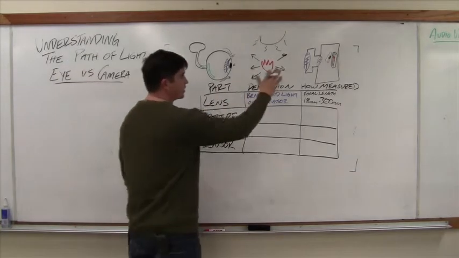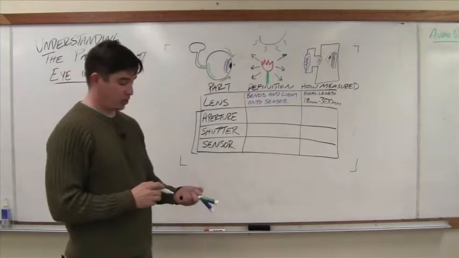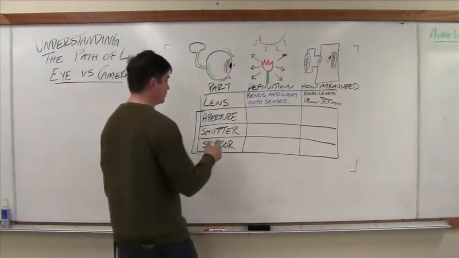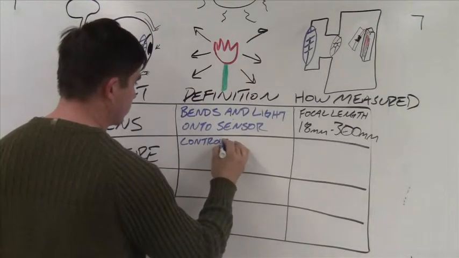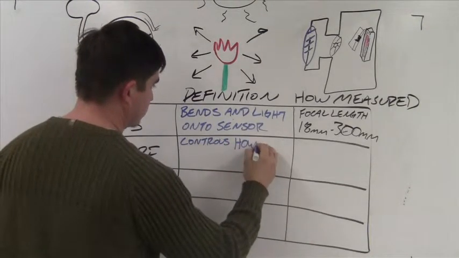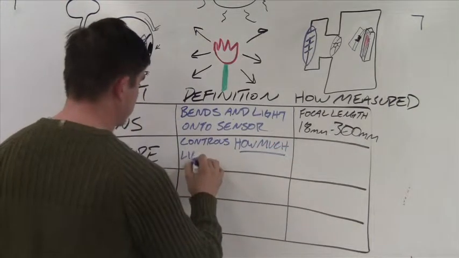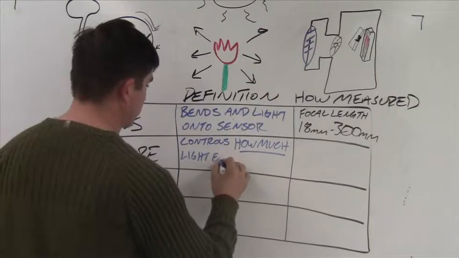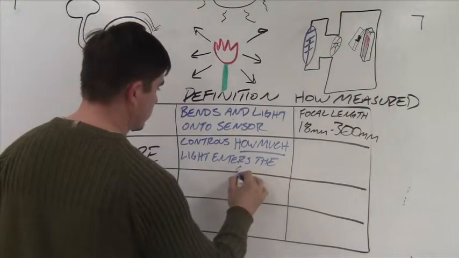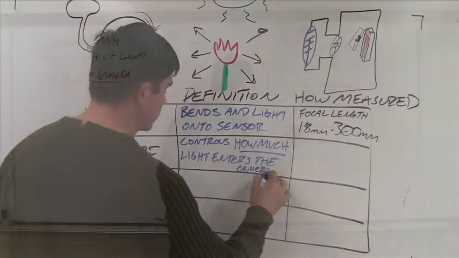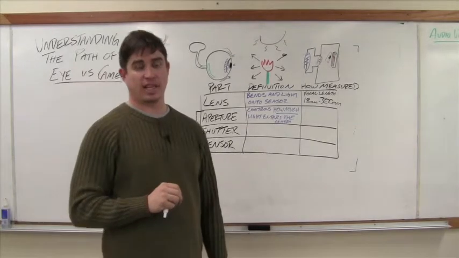Right behind the lens, we have the aperture. And a good definition for aperture would be: the aperture controls how much light enters the camera.